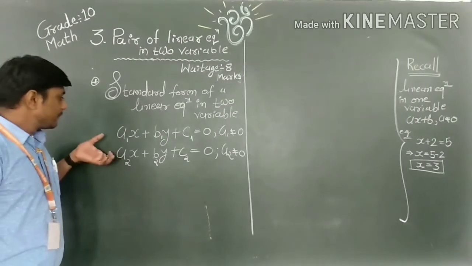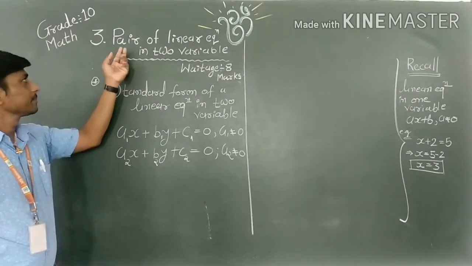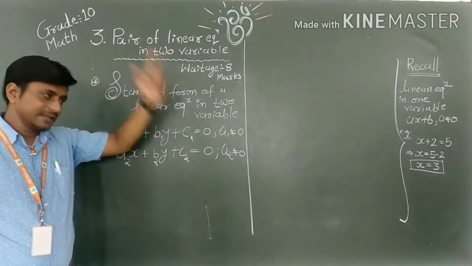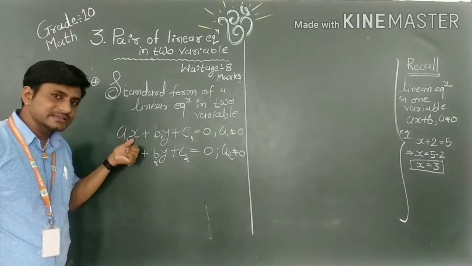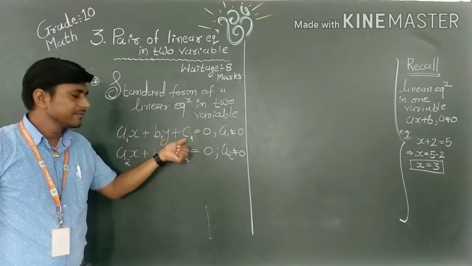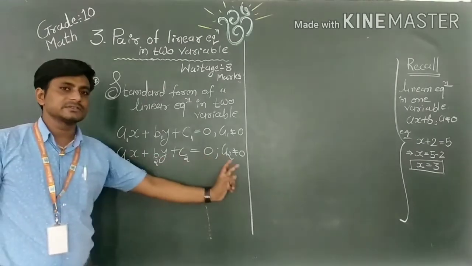Here we take a pair of linear equations because our main target is to solve a pair of given equations. Look, a1 is the coefficient of x, b1 is the coefficient of y, c1 is the constant term. Similarly in the second equation.